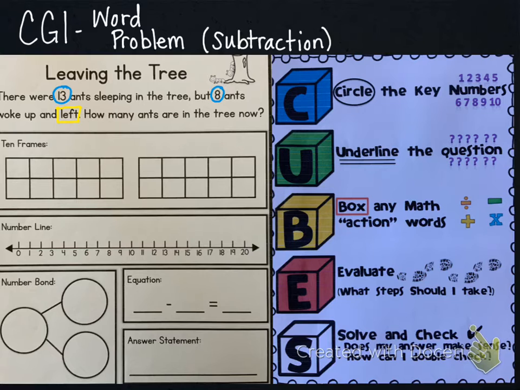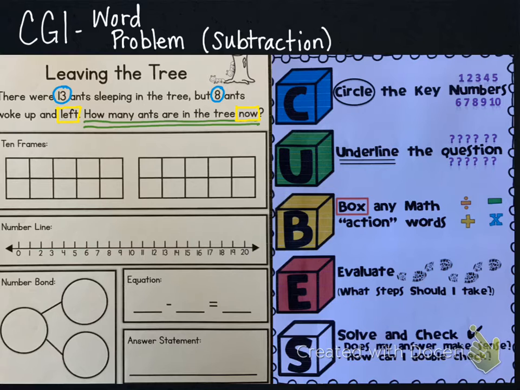The last sentence says, how many ants are in the tree now? Well, that of course is our question, so we need to underline it. So I'm going to get my green out. I'm going to underline. Now it says, how many ants are in the tree now? I'm going to go back to my yellow because the now is important as well.